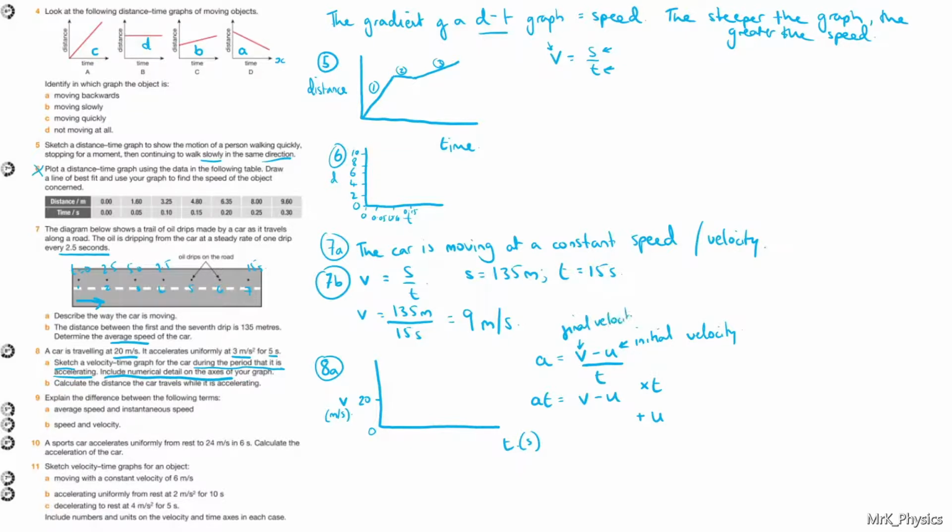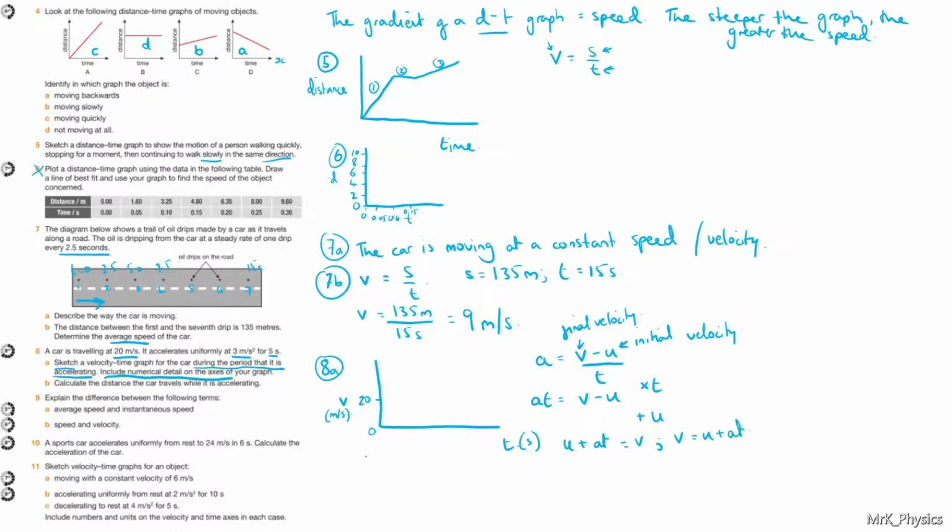And remember, there's no reason for this other than v is velocity and u in the alphabet comes before v, so it makes sense that we put that as the initial velocity. So if you add u to both sides, you then end up with u plus at equals v. I prefer writing the other way around, so v is u plus at.